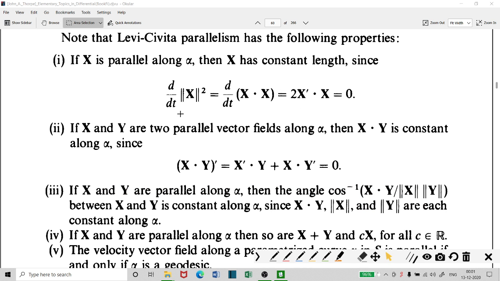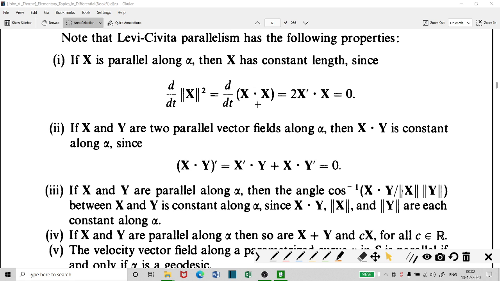There are a number of remarks on this Levi-Civita parallelism. If x is parallel along alpha, where parallel means Levi-Civita parallel, then x has a constant length. Since when you take the derivative of the scalar function norm x squared, that is d by dt of x dot x, that is the usual derivative of this.